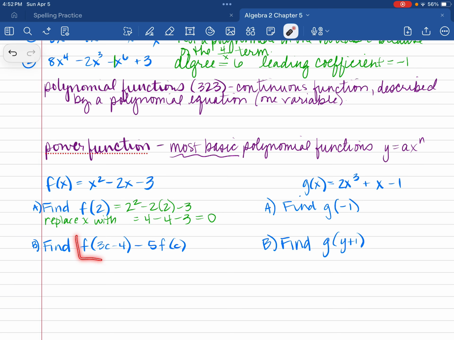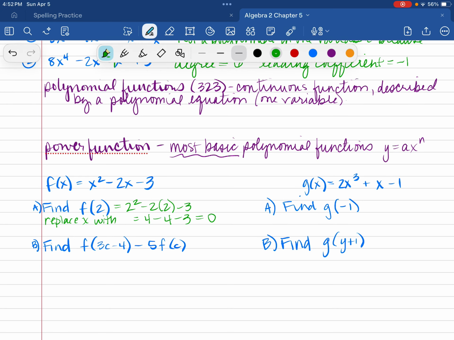In this first one, we are going to plug in 3c minus 4, and we're going to replace all of the x's with 3c minus 4. So when I do that, I'm going to do 3c minus 4 squared minus 2 times 3c minus 4 minus 3.